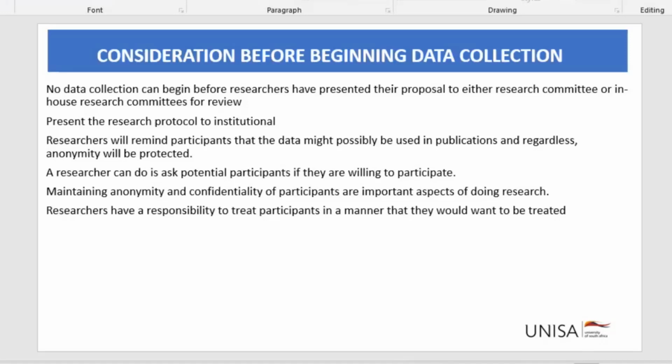All you can really do is ask your participants if they are willing to participate. So again, don't just collect data. If you're going to collect data from a company or an organization, that data is going to be made public record, so they have to agree with you on what you need this data for. So again, the issue of confidentiality of participants is very, very important.